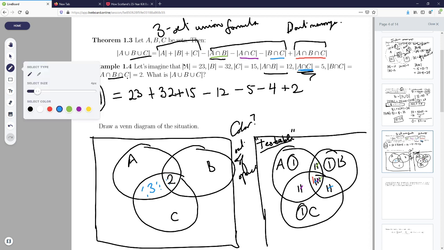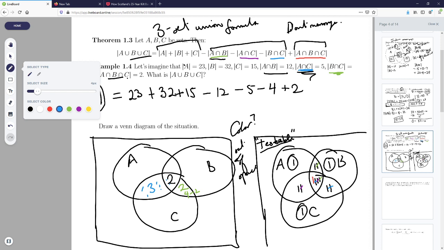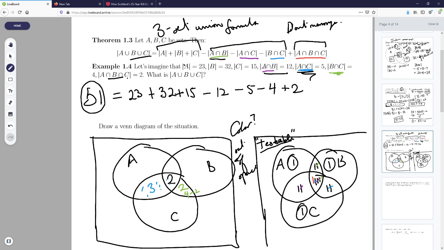All right, let's do the same thing for B intersection C, which I forgot to do. B intersection C is 4. So 4 minus 2 is 2, right? So this 2 is 4 minus 2. Now let's pick a different color, purple. A intersection B is 12. So if A intersection B is 12, then this is 10, right?